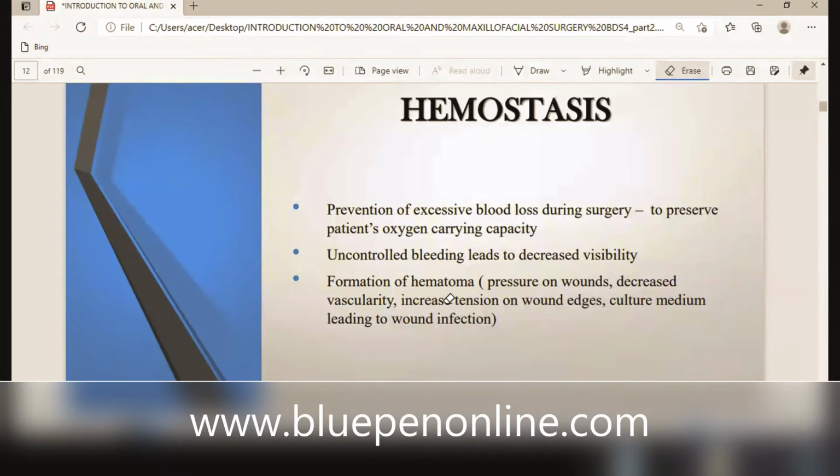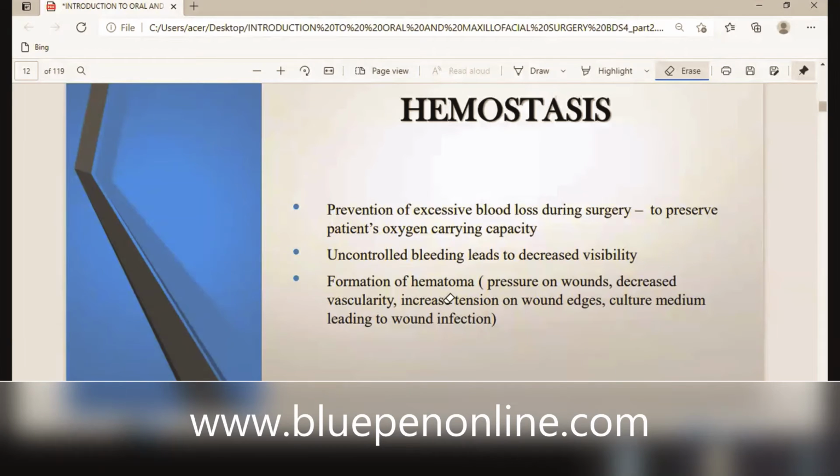That will lead to a very big medical condition, and the patient should be shifted to a medical college. So you have to be very careful about the bleeding. If there is uncontrolled bleeding, you have to take hemostasis measures. Uncontrolled bleeding also results in decreased visibility, so the assistant should always be helping us with the suction tips.